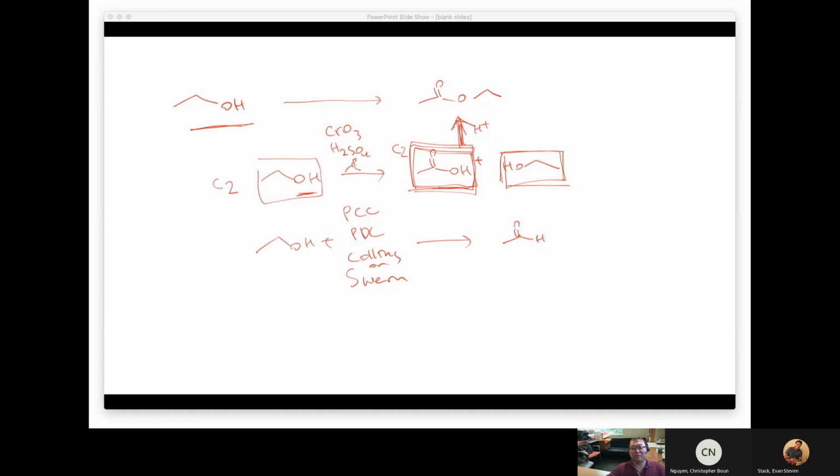Now, moving on to the next one after that. You have this, but you still have to make the same thing. This one is a little bit difficult because in the beginning you have four carbons in the structure.